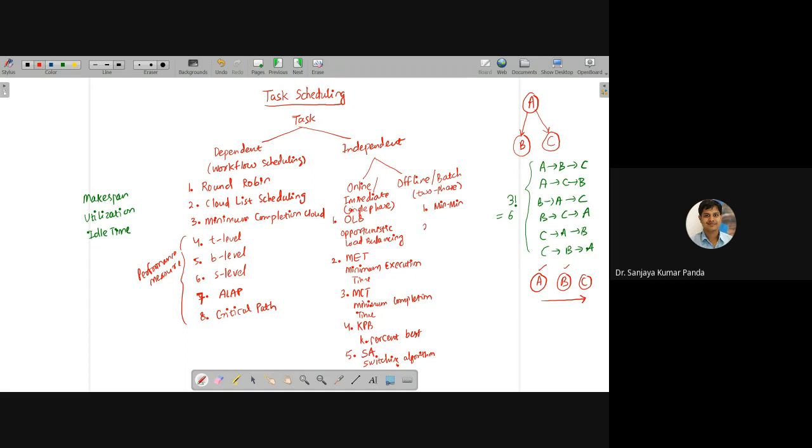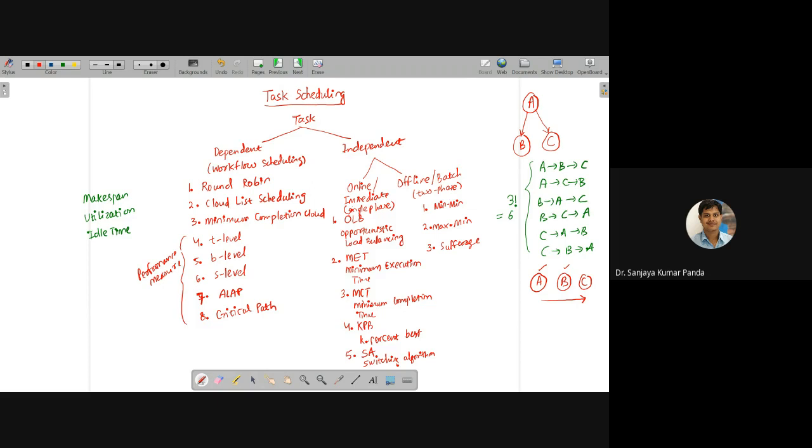Similarly, we have another popular algorithm called the max-min algorithm. And the third algorithm is called the sufferage algorithm. Again, you can use a large data set to evaluate the performance of these offline algorithms as well, right? So first we will discuss online algorithms, then we'll discuss offline algorithms by taking simple numerical examples.